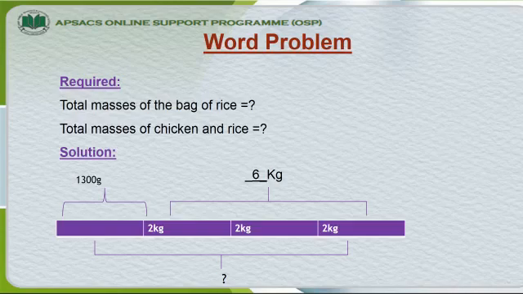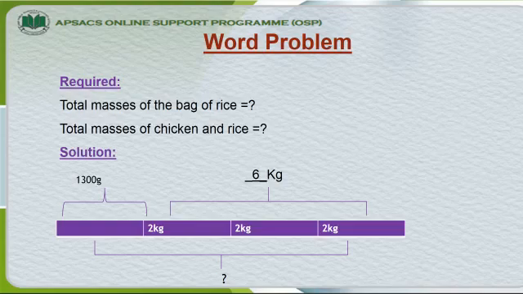In solution, first of all, we make the diagram if required. In this question, I have made a diagram through which I can explain how to solve it. Now I make a whole which is divided into 4 portions. The first portion represents the mass of the chicken, that is 1300 grams.